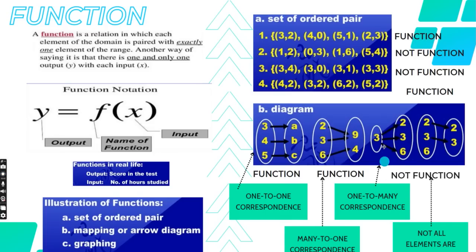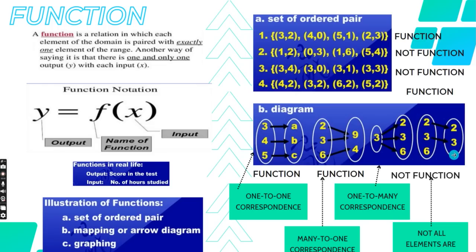Kapag sinulat natin ito in a set of ordered pairs, magiging (3,2), (3,3), (3,6). Malinaw na naulit ang domain. Kaya, hindi na ito function. That's one-to-many correspondence.